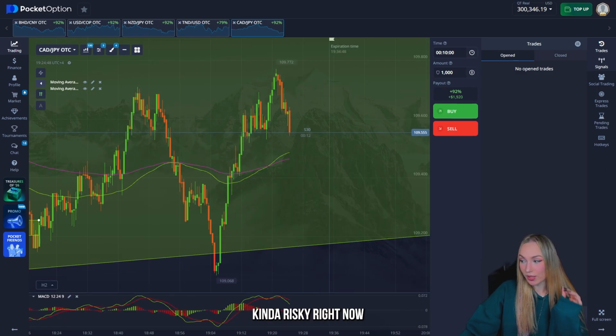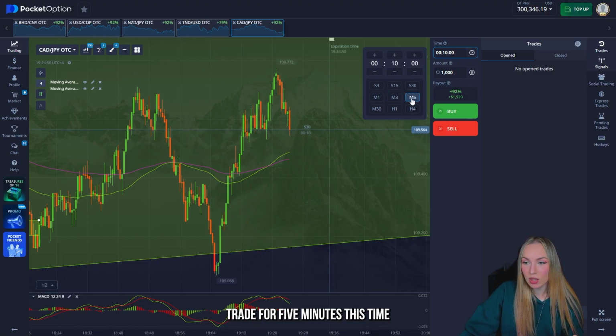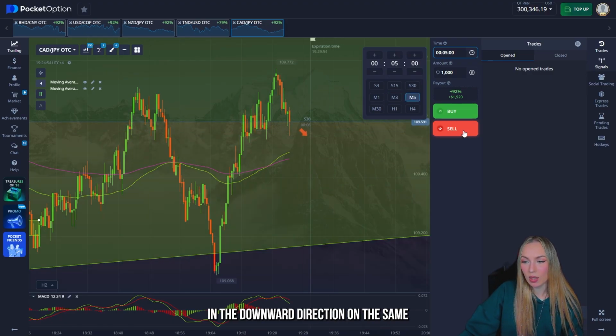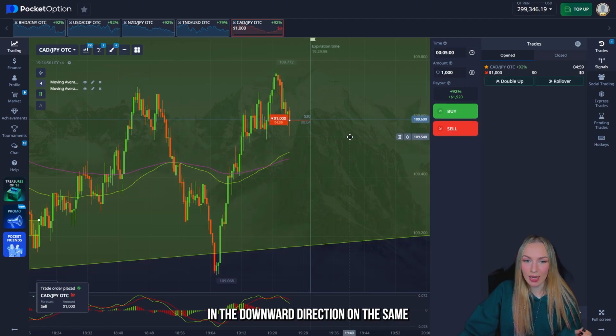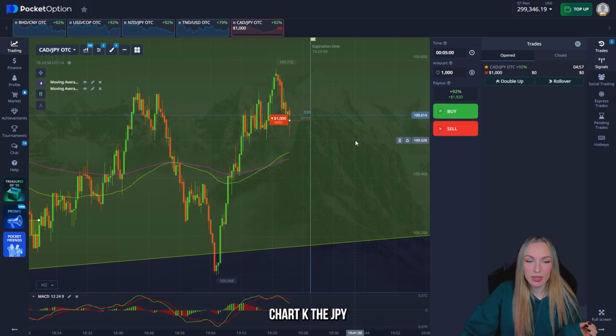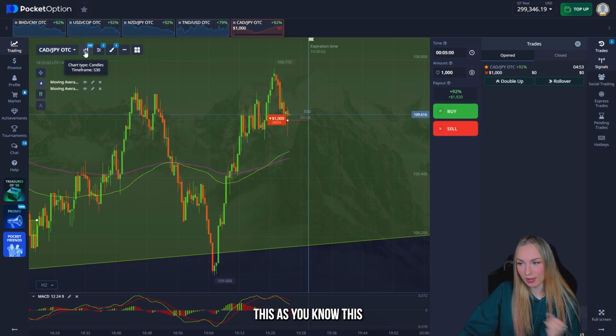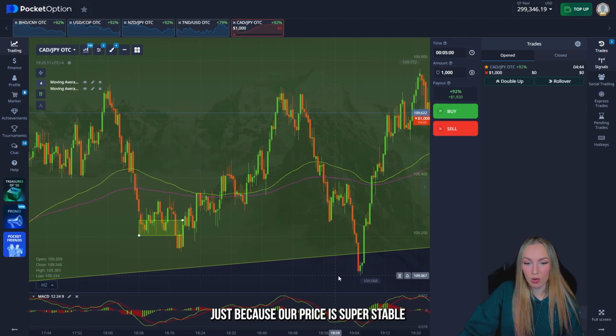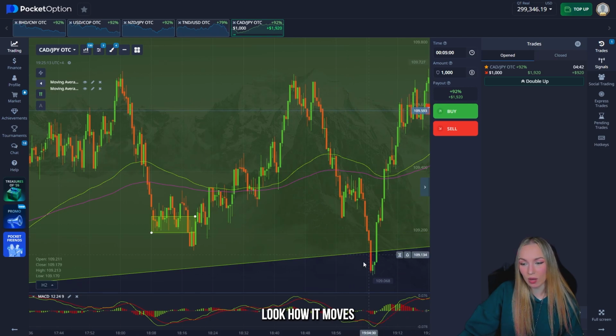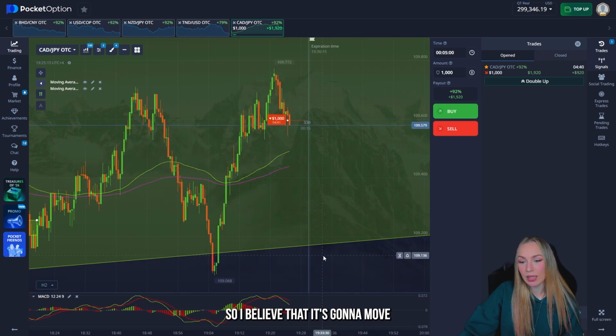Guys, kinda risky right now. Trade for 5 minutes this time in the downward direction on the same chart, CAD JPY. This, as you know, this price is in the upward trend, in the bull trend, and I'm entering in the downward direction just because our price is super stable, look how it moves. So I believe that it's gonna move.